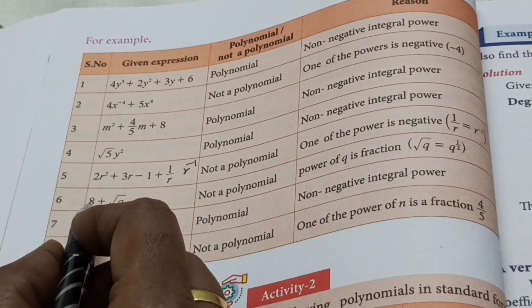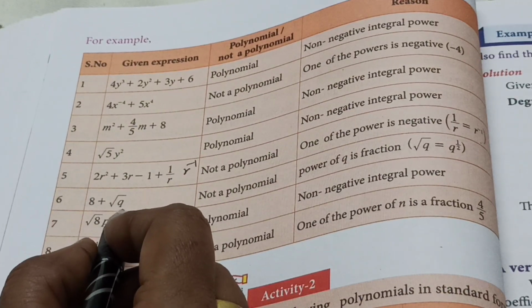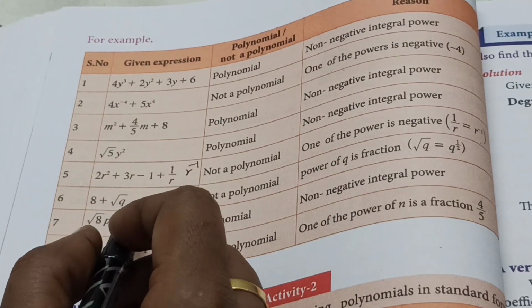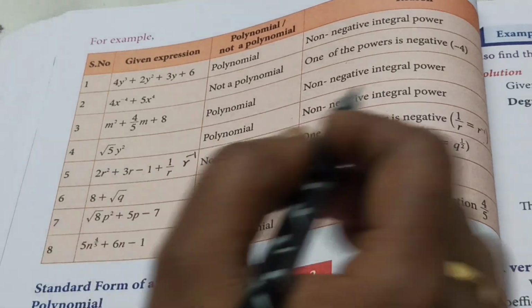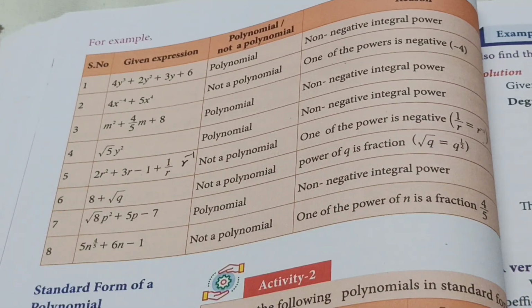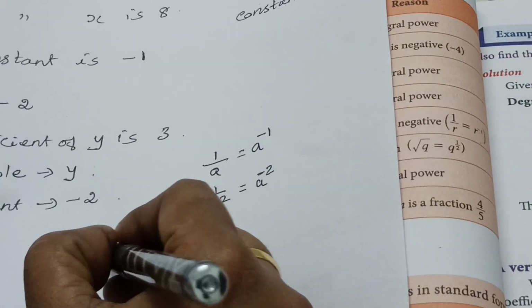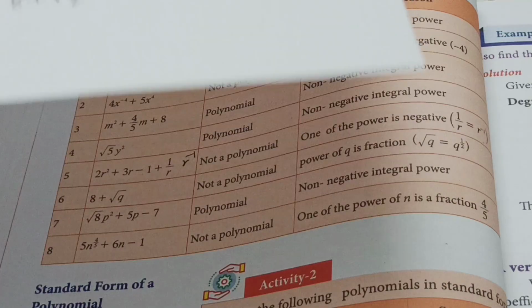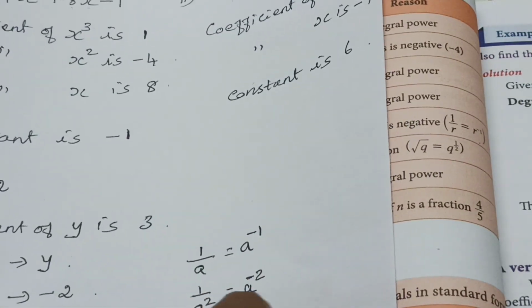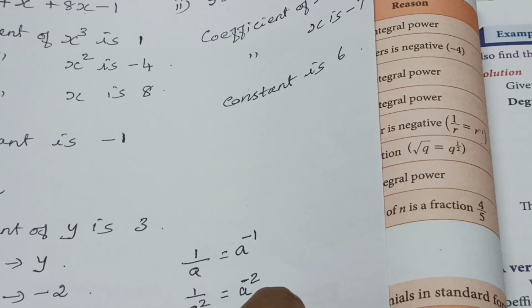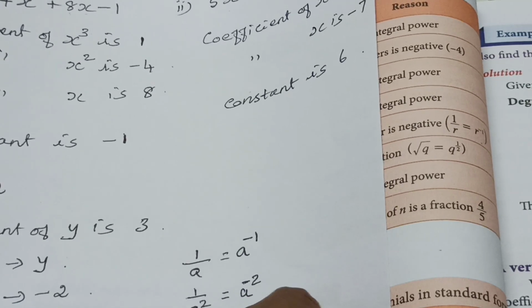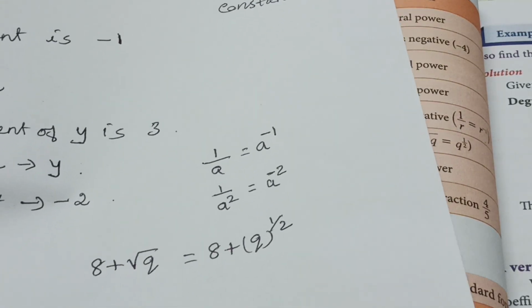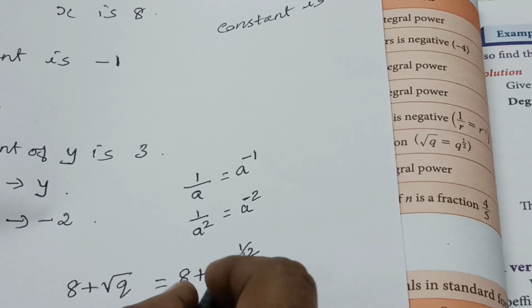Then next one, sixth one, 8 plus square root of q. Is it a polynomial? This is not a polynomial. Why? Power of q is a fraction. How it will come fraction? Then 8 plus square root of q. Okay. This square root of q, we can write what? 8 plus q power 1 by 2. Have you understood? Square root of q, we can write what?